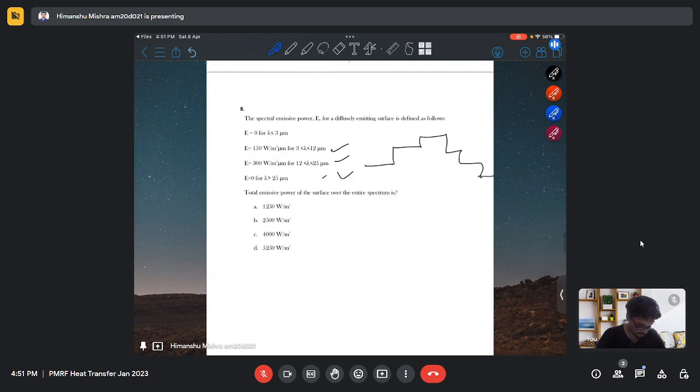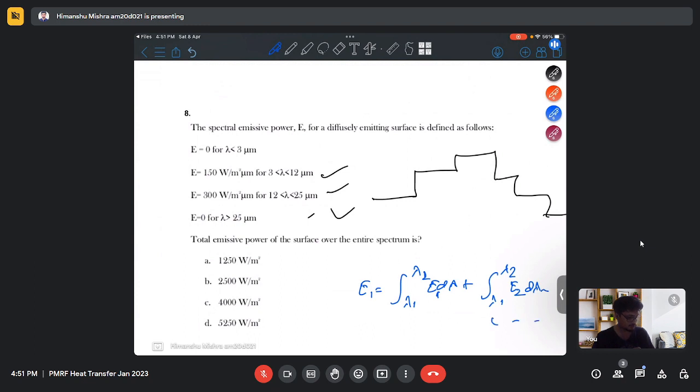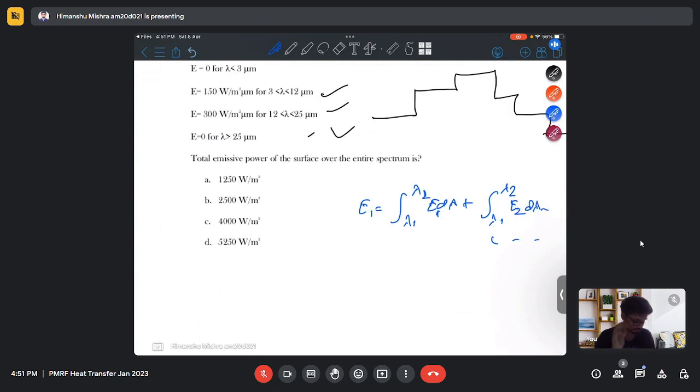So this problem you can try yourself for practice. The concept is similar to the previous week. You just need to calculate the emissivity at each part by integrating from the specified lambda, and so on, and it will give you the total emissive power, which is among these options.